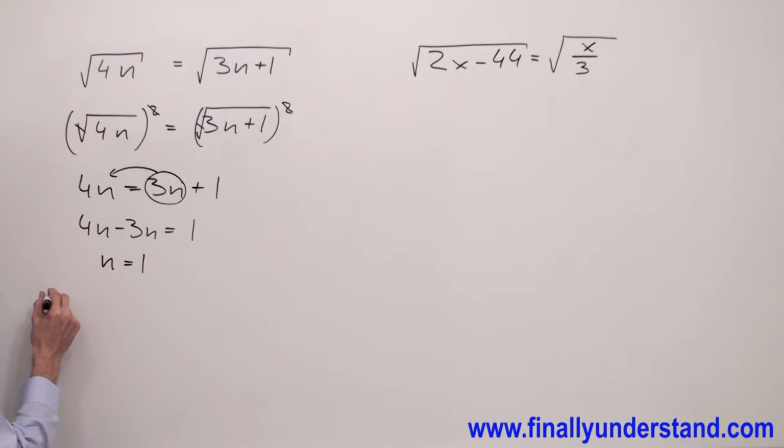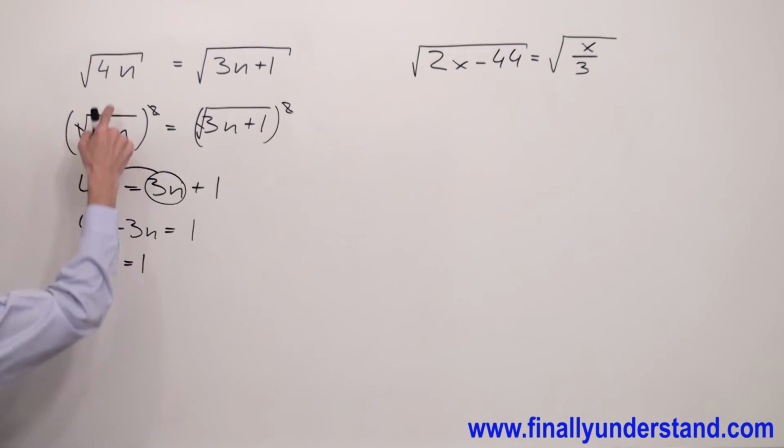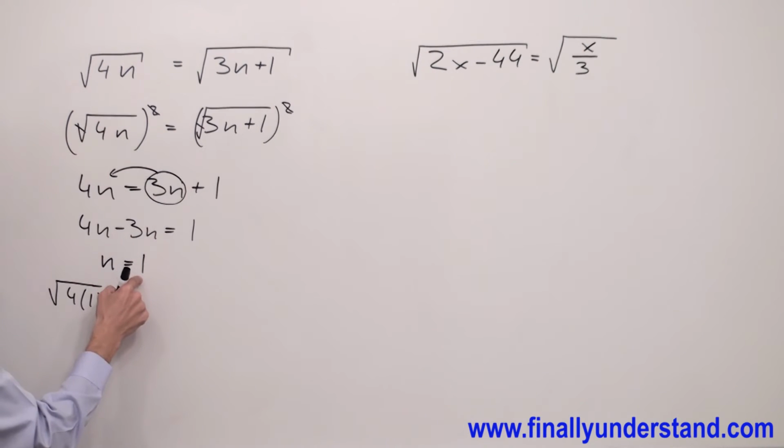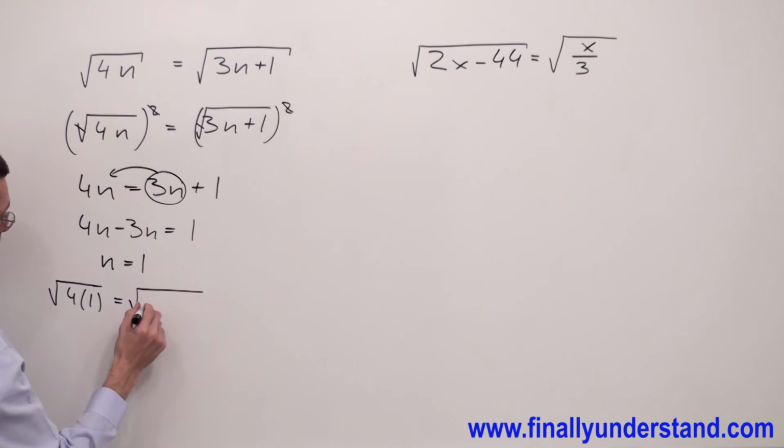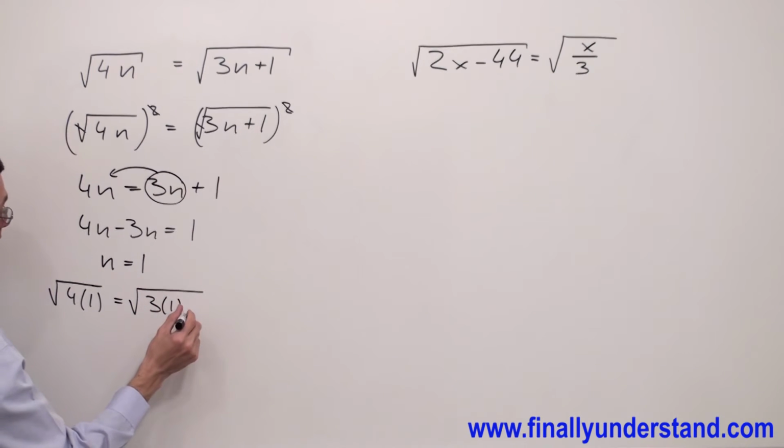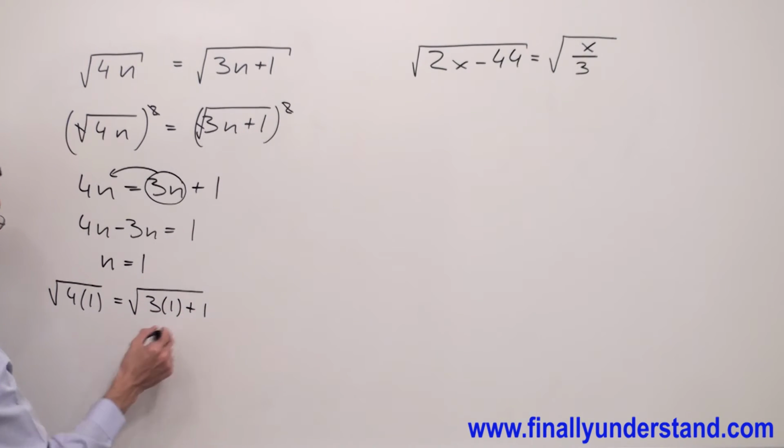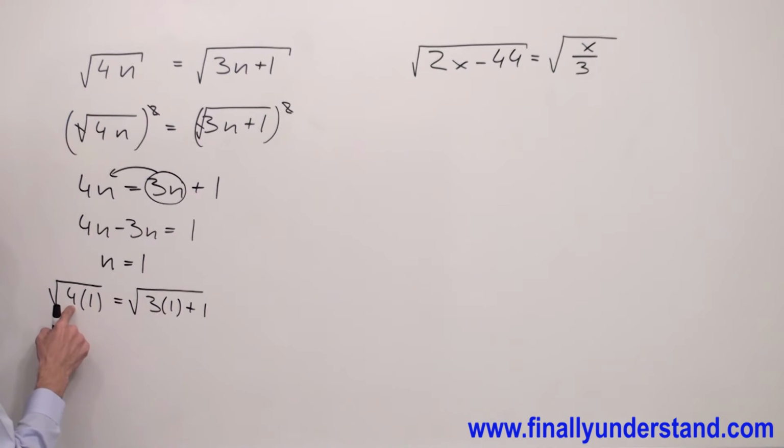I have square root of 4 times 1. Remember, I have to replace n from my original equation by 1. Equals square root of 3 times 1 plus 1. 4 times 1 is 4.